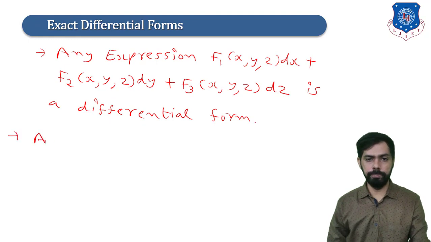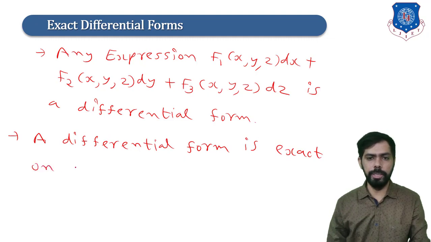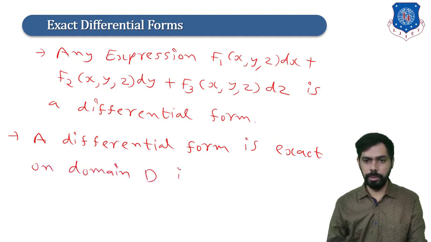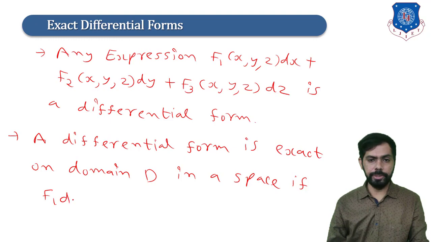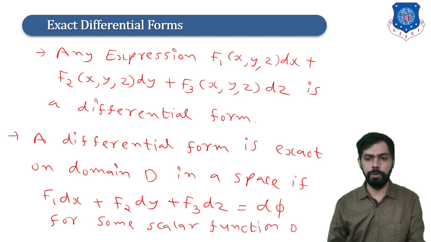So a differential form is exact on domain D in a space if f1 dx plus f2 dy plus f3 dz is equal to d phi for some scalar function phi.